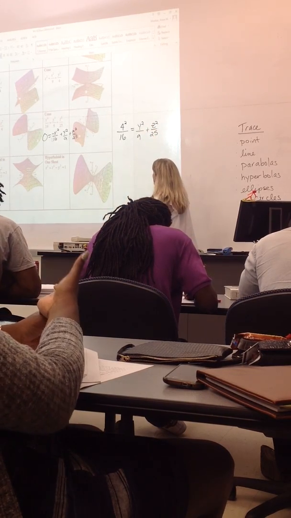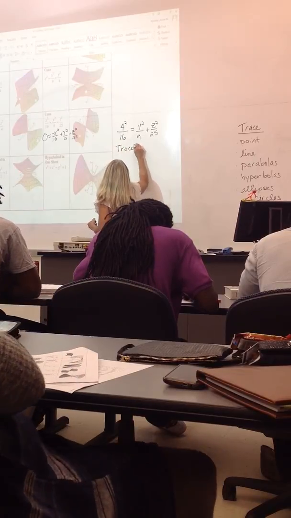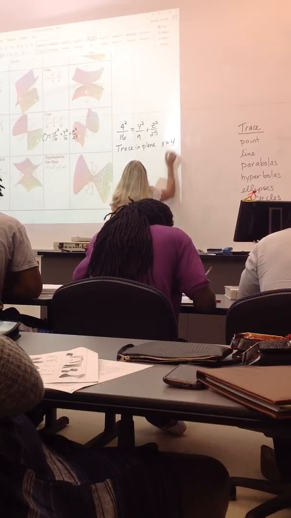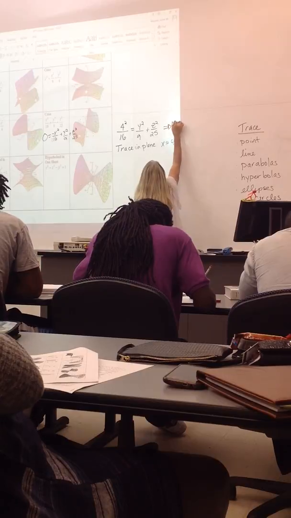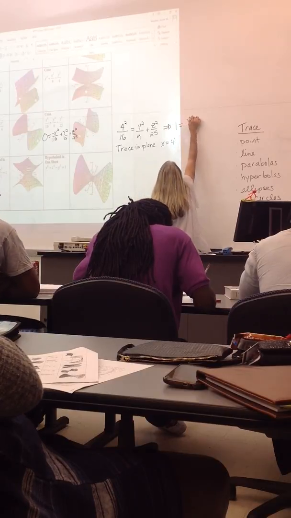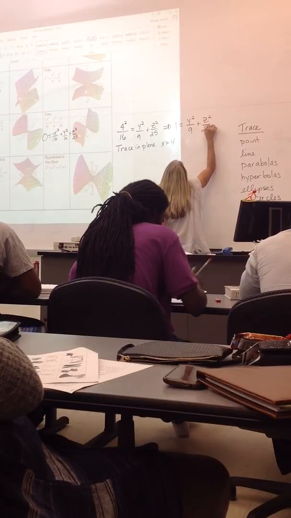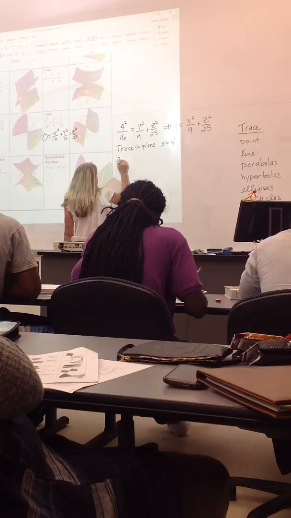I'm finding the trace in the plane x equals 4, and so that turns into the equation 1 equals y squared over 9 plus z squared over 25, and so my shape is an ellipse.